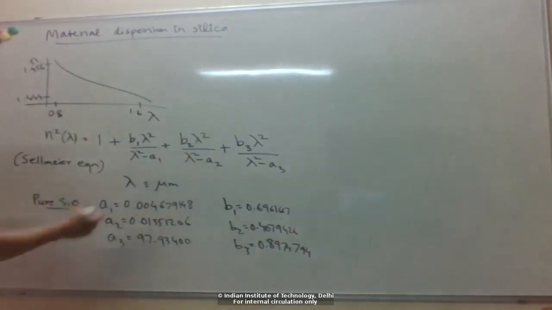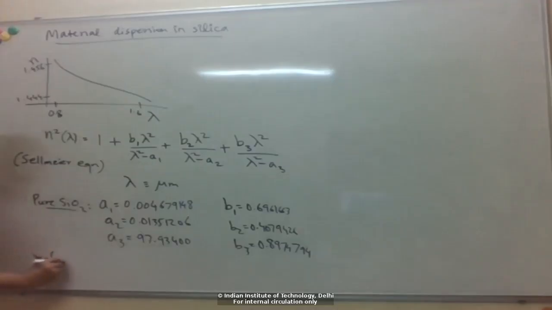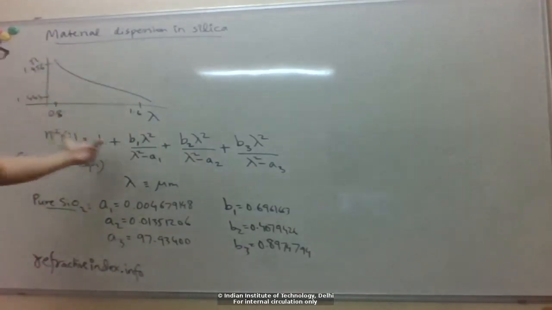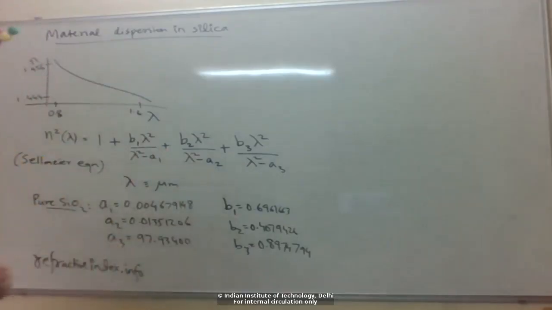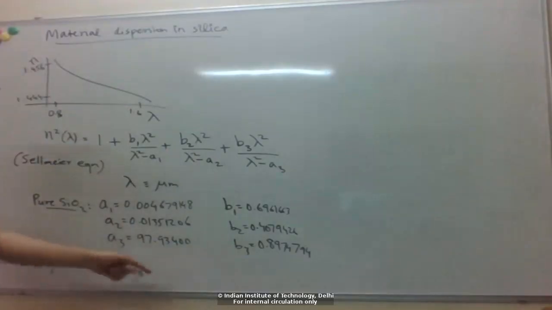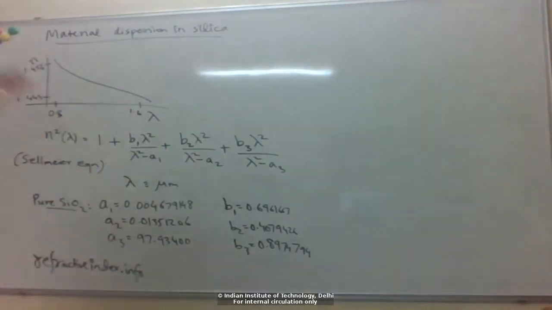For example, if you go to this website known as refractiveindex.info, you can just select any material you want. It will give you this curve of the refractive index versus wavelength. It will give you the Sellmeier equations and all the coefficients, and you can also get the dispersion, etc. So do check this out. You can do this for any material.